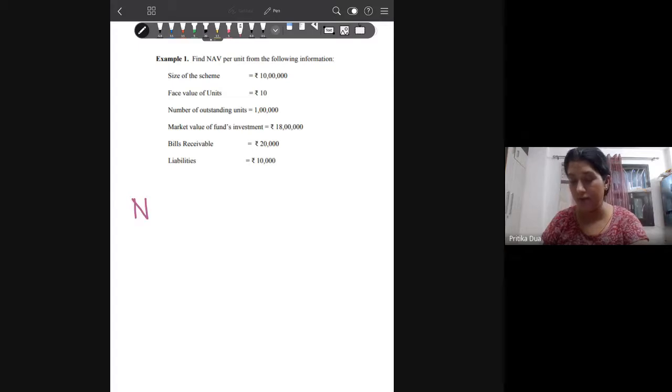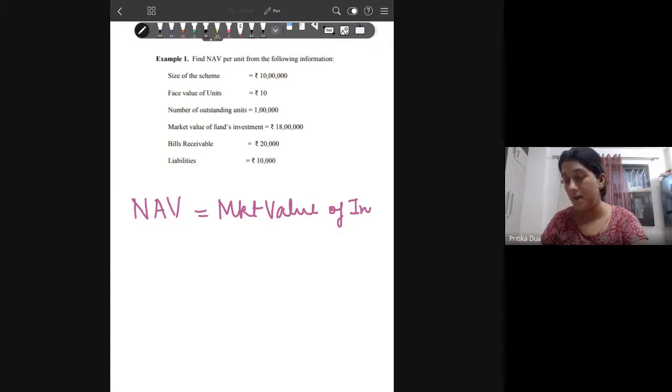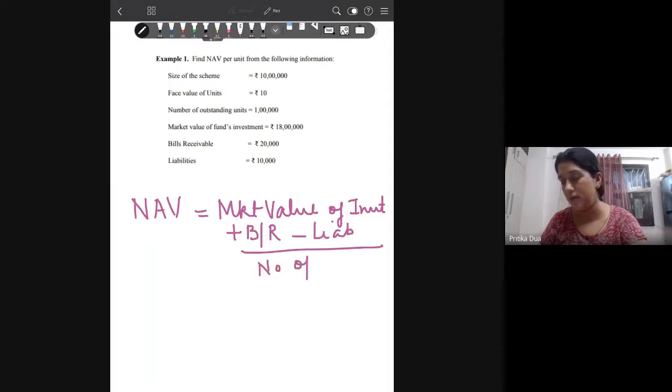So NAV would be market value of investments plus bills receivable minus the liabilities, divided by number of units. Everything is given directly here.